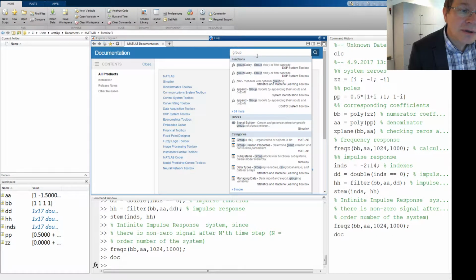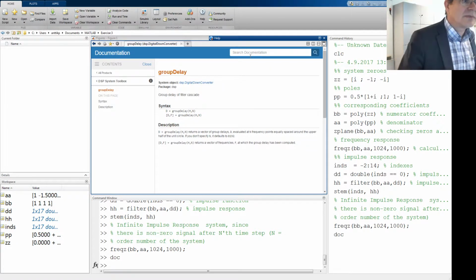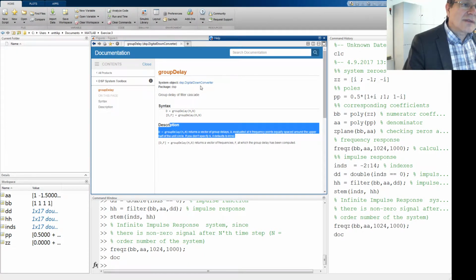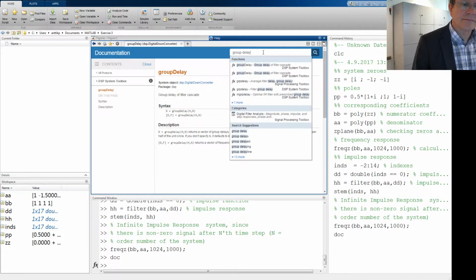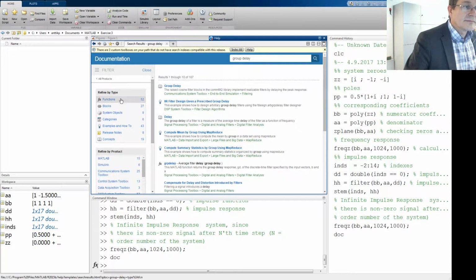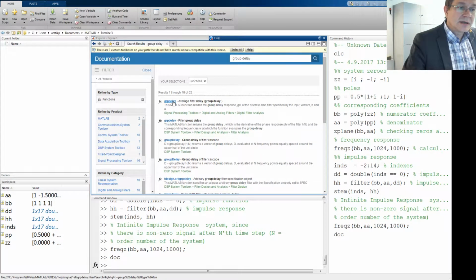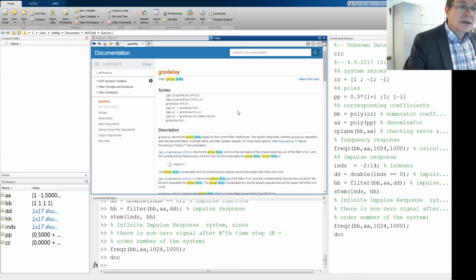This is the DSP System Toolbox. Group delay, then the filter coefficients.